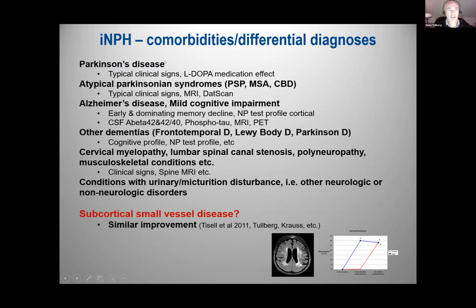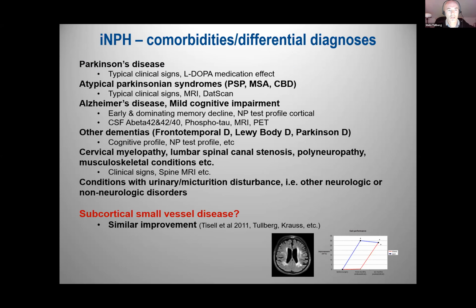If we just look a little closer at the differential diagnosis of comorbidities, they come here again. For Parkinson's disease, it's mostly to look at clinical signs, the typical triad. We also usually give the medication and see if there is any effect. And usually you have to wait for up to 3 months, which can pose a problem because you don't want to wait too long for shunting.